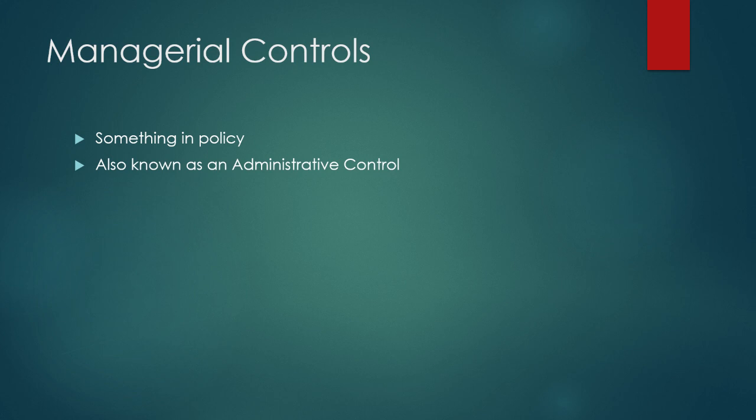Managerial controls work well with physical or logical controls. The first layer will usually be a managerial control, and the second layer will be either a physical or a logical control.